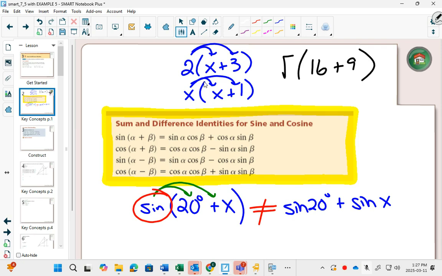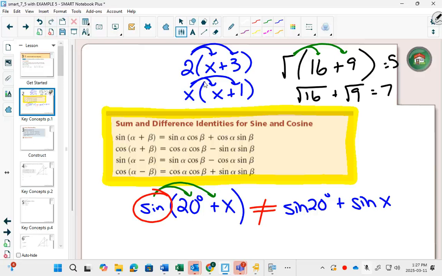You know that 16 plus 9 is 25, and the square root of 25 is 5. So the answer to this should be 5. The square root is a function, just like sine is a function. Functions you can't distribute. If I tried to distribute this, I would have the square root of 16 plus the square root of 9. That's 4 plus 3, which equals 7. And I know my answer should be 5.